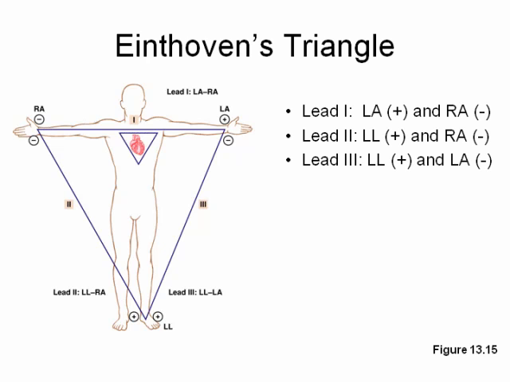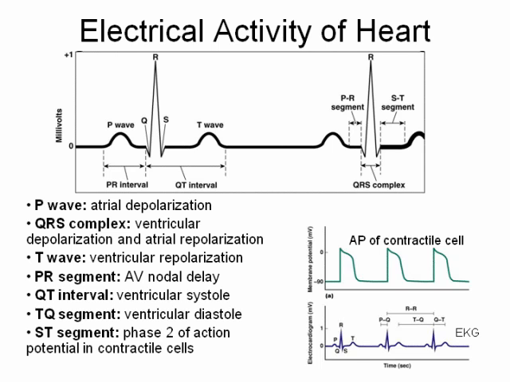So the fact that it's a repolarization, but that it looks like an upward deflection. It looks like a depolarization, but it is in fact a repolarization, and that is because of the movement of the voltages with regard to the placement of the electrodes.